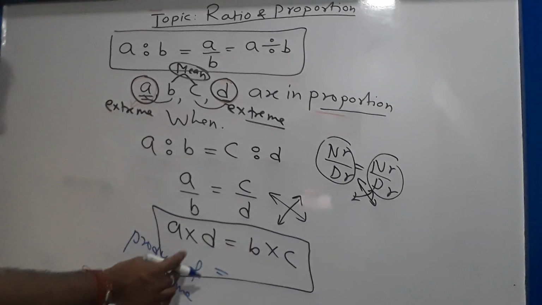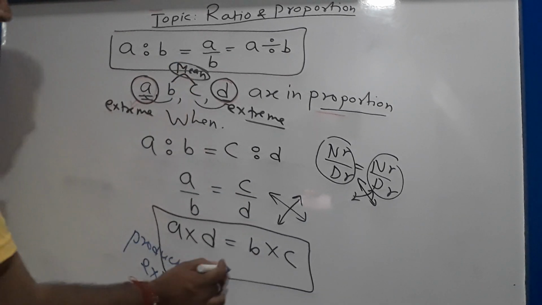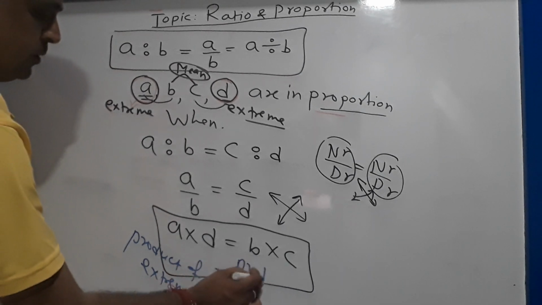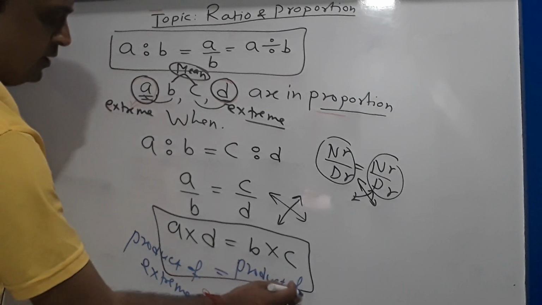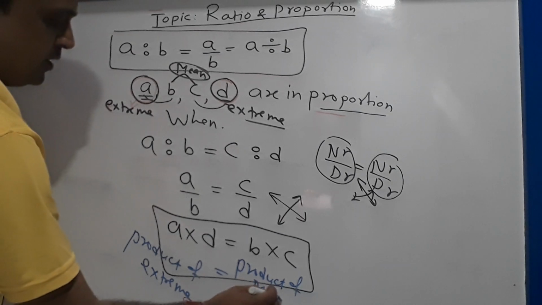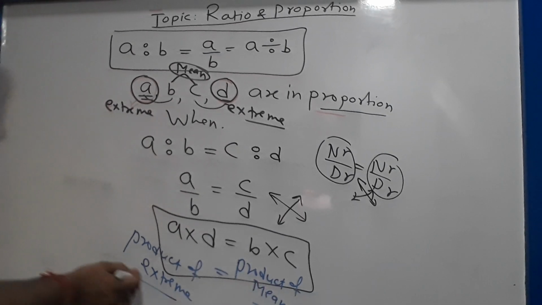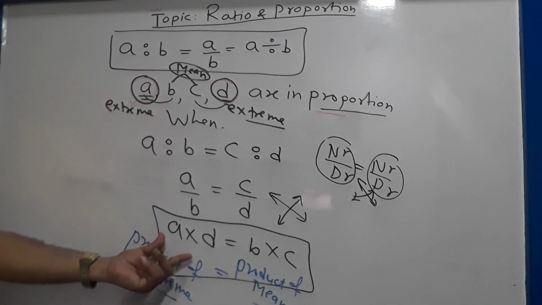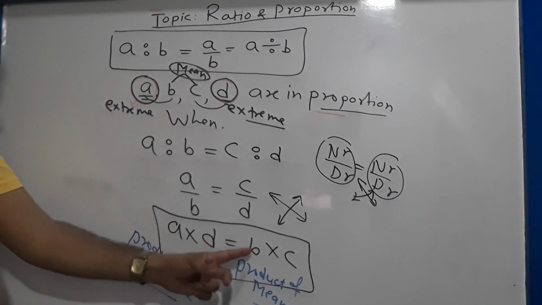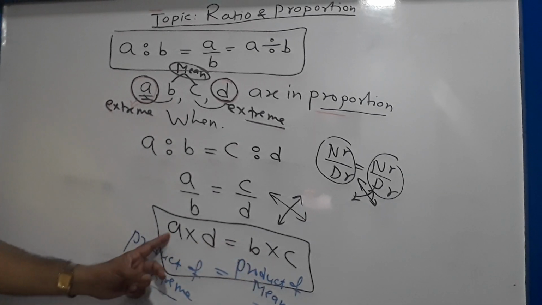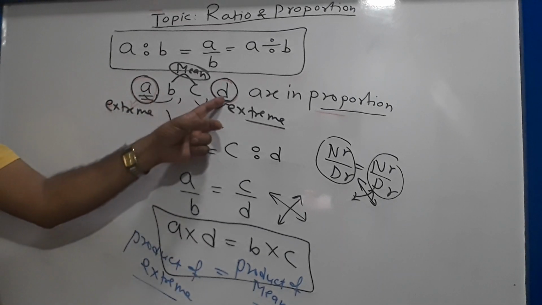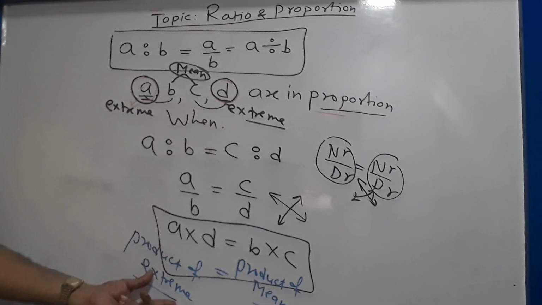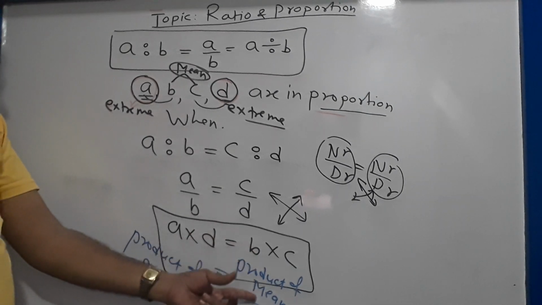So product of extremes is equal to product of means. Then we say that four numbers A, B, C, D are in proportion.